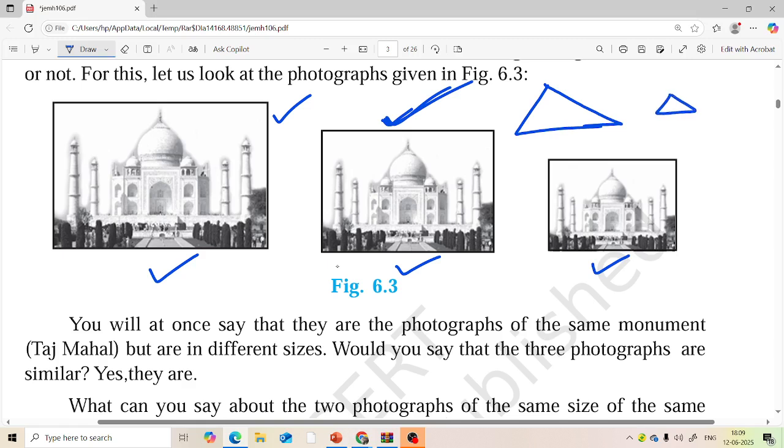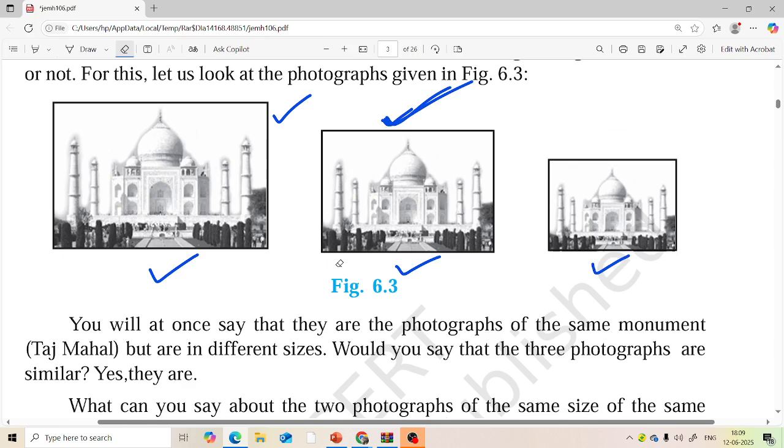We have a larger one and a smaller one. If the smaller one is enlarged uniformly, the first one and second one become identical. So we say that they are similar triangles. Basically this chapter is about the similar triangles, but initially we will learn one important theorem. After that we will learn about the similar triangles.